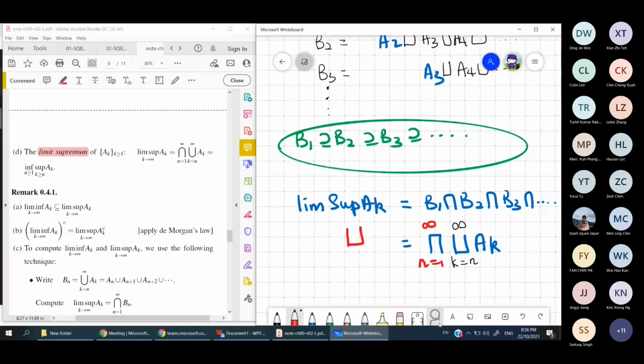You can see this property: our Bn is the union over k from n to infinity of our Ak.